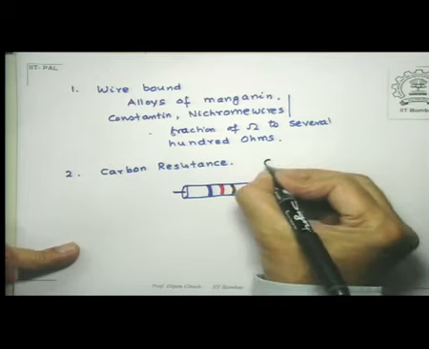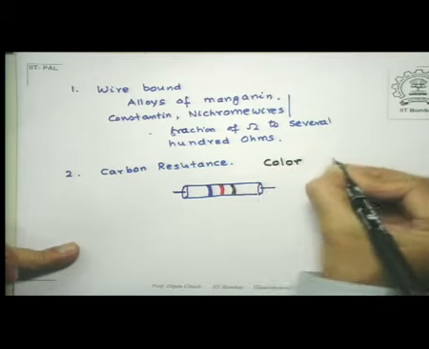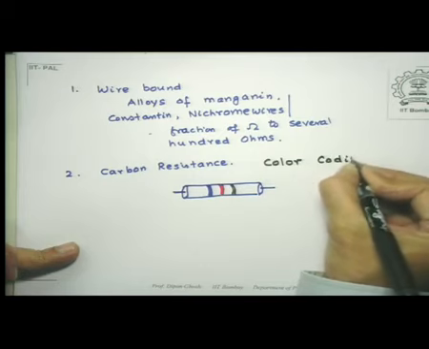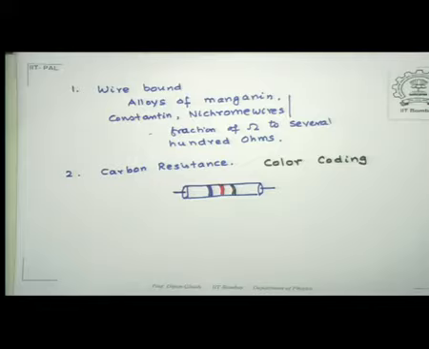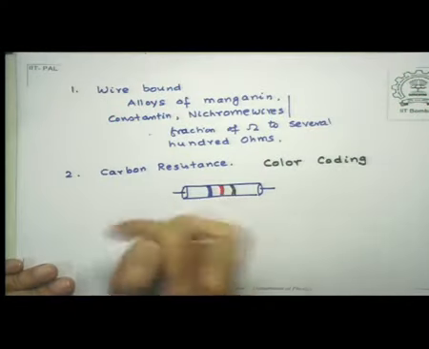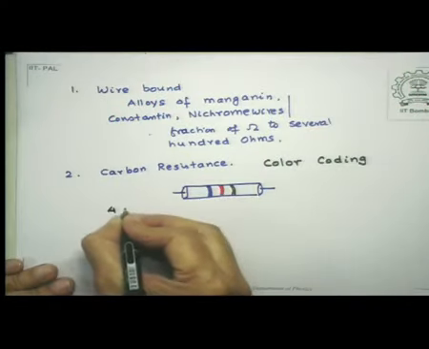So this is the color coding of resistances. Let me explain how this color coding works. Most of the time, the resistances that you find in your labs have 4 bands. So there are 4 bands of colors, and the way it works is this.